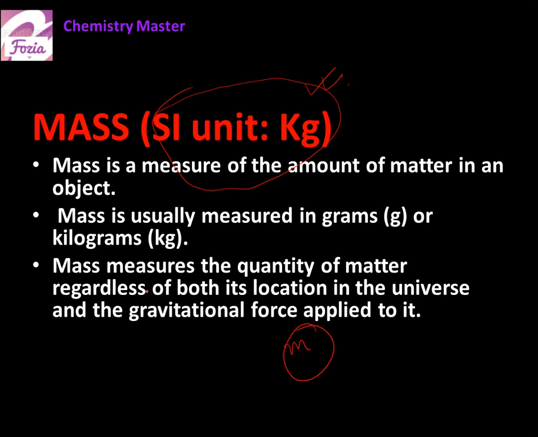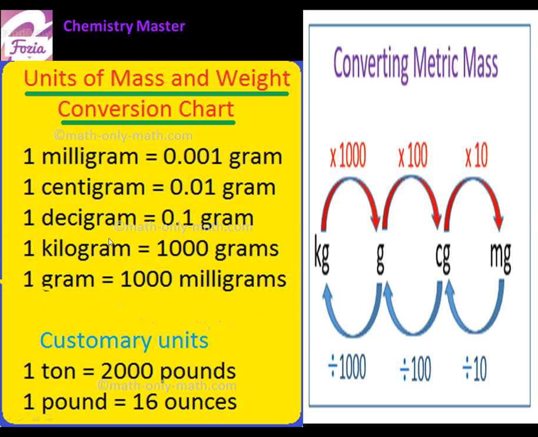So mass is just the measurement of the amount of matter in any object. We see the different units of mass, but we have to remember that the SI unit in which we measure mass is the kilogram. So here it is.